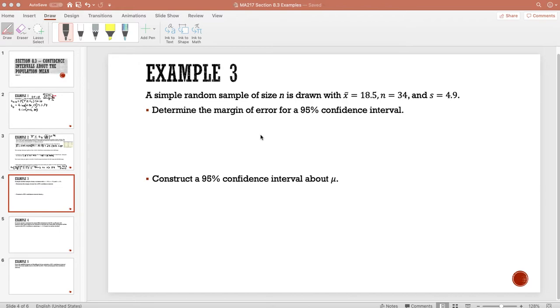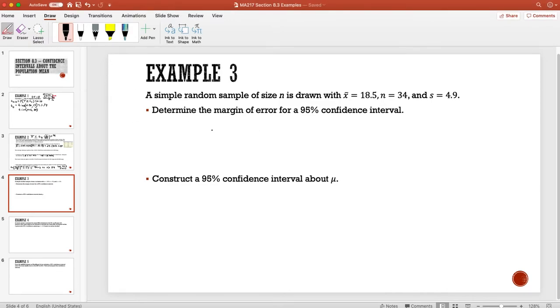3. A simple random sample of size n is drawn with x bar being 18.5, n being 34, and s being 4.9. We want to determine the margin of error for a 95% confidence interval.